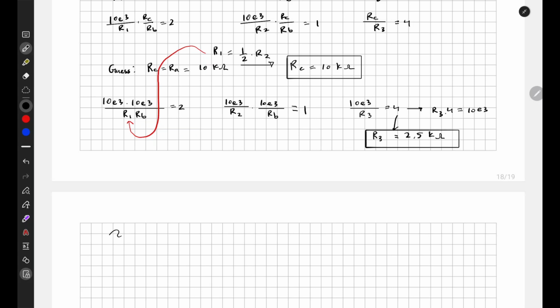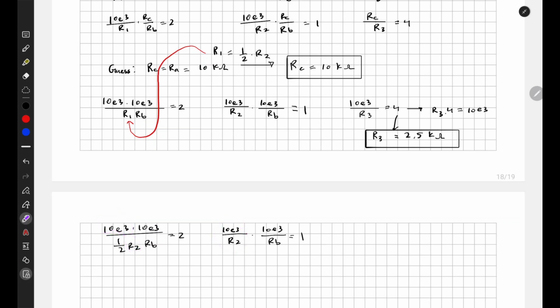So 10 kiloohms times 10 kiloohms divided by 1/2 R2 RB is equal to 2. And then on equation 2, it's 10 kiloohms divided by, just keep R2 times 10E3 divided by RB equal to 1. So comparing terms, this is equivalent here, and this is equivalent here.